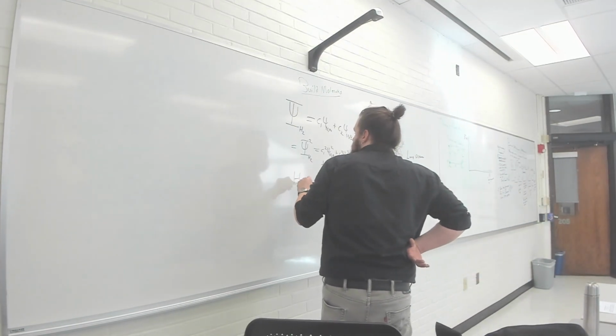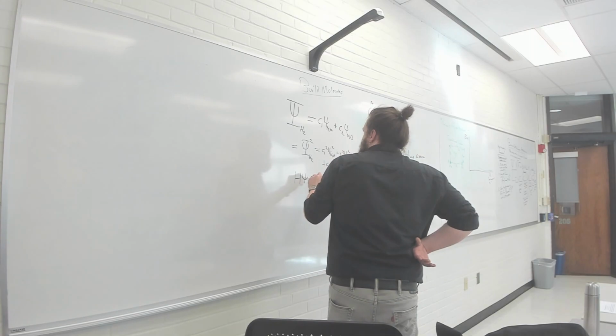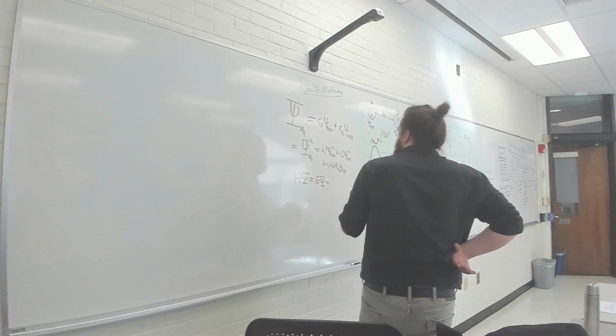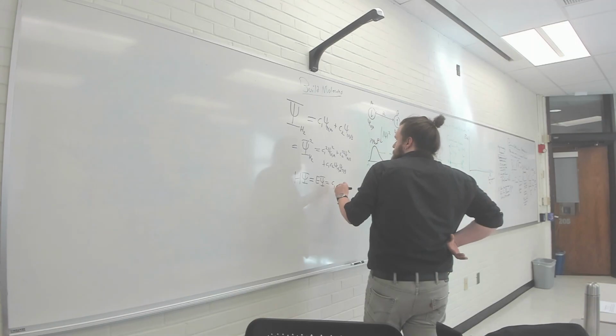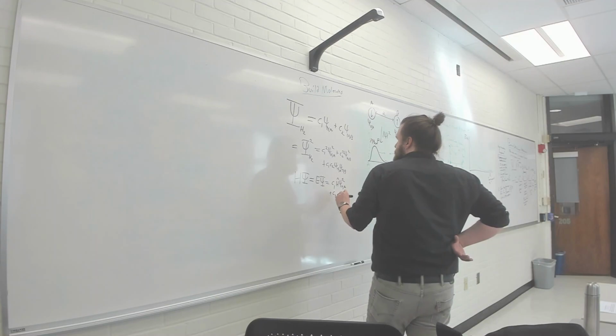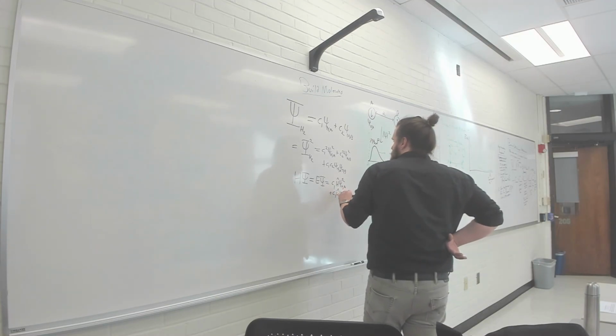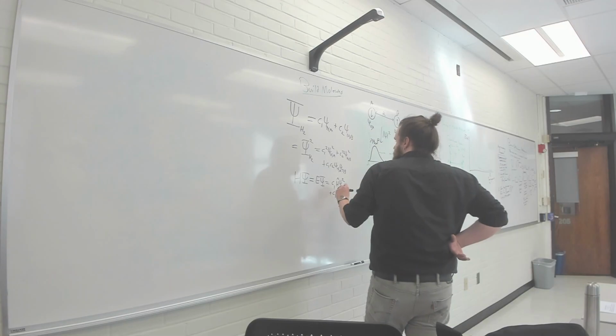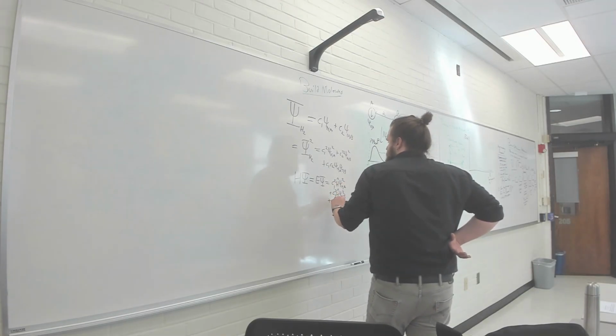All right, so if we apply H psi equals E psi to this, big psi, we're going to have C1 squared H applied to psi 1sA squared plus C2 squared H applied to psi 1sB squared, plus C1 C2 H applied to psi 1sA psi 1sB.